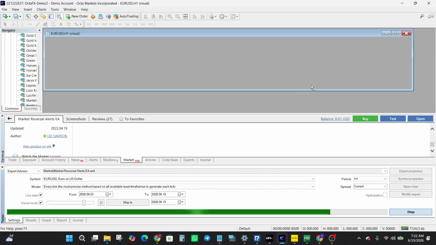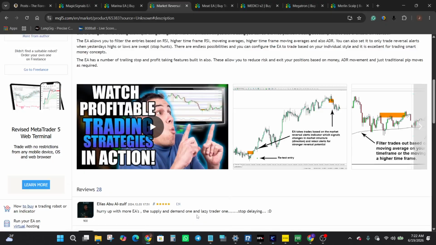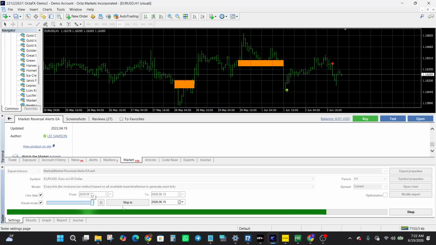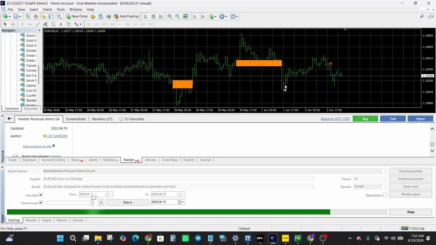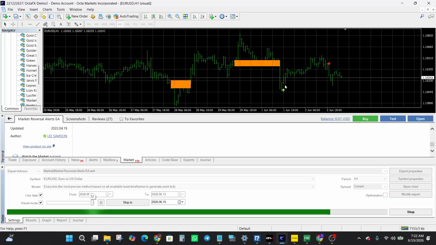We have already looked at the annotations here on the marketplace page. We've seen basically how the EA works, but then let us see it in action. As we review the historical testing activity, it is important to remember that backtesting is a way to evaluate how an EA responded to past market conditions.